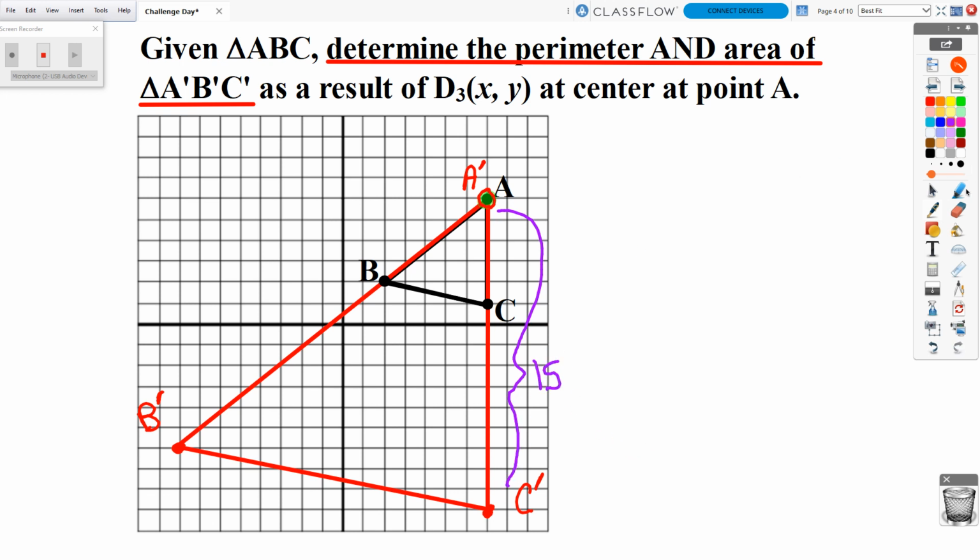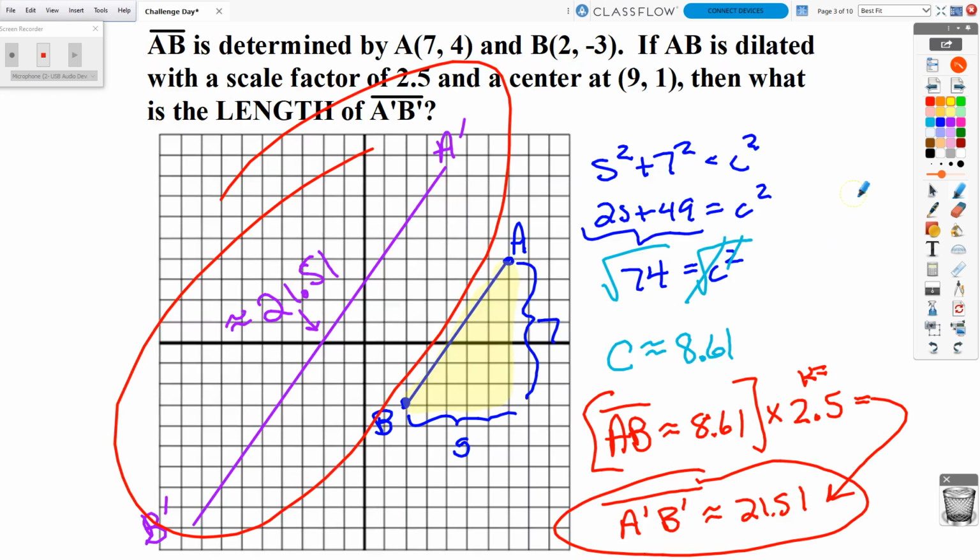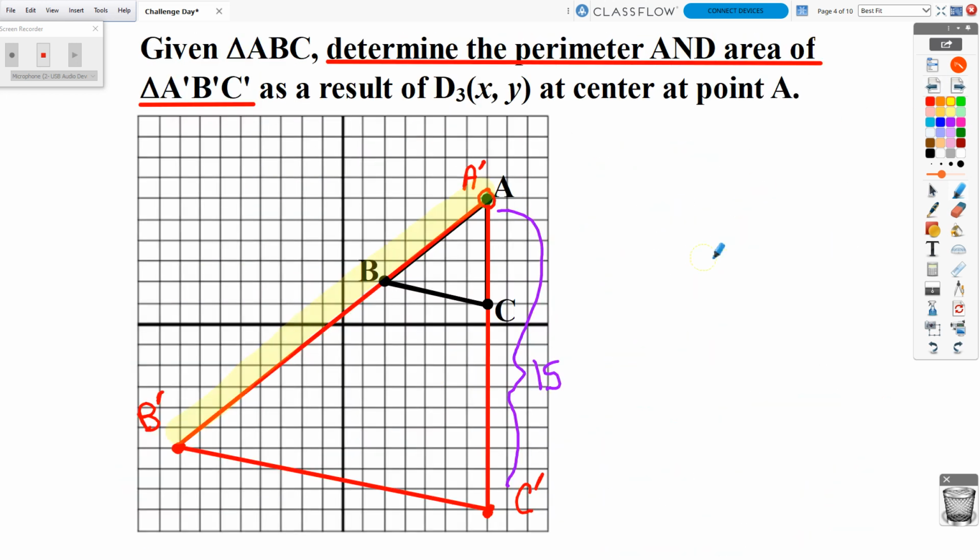Now, how do I figure out the length between A prime and B prime? Didn't we just do something like that back in the last example? We did. We used the Pythagorean theorem, right? So let's think about this right triangle right here. We got the graph, so we can do the counting.